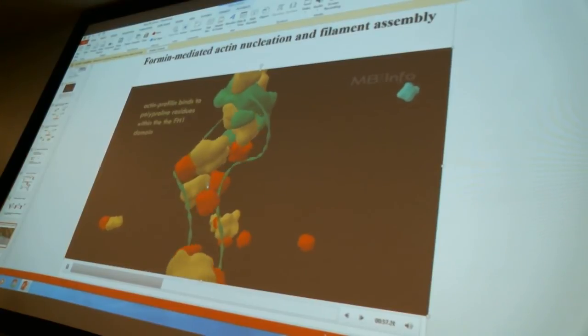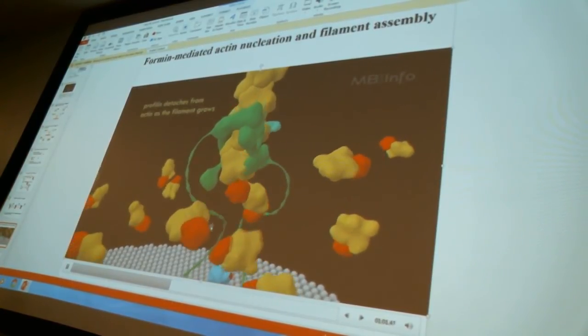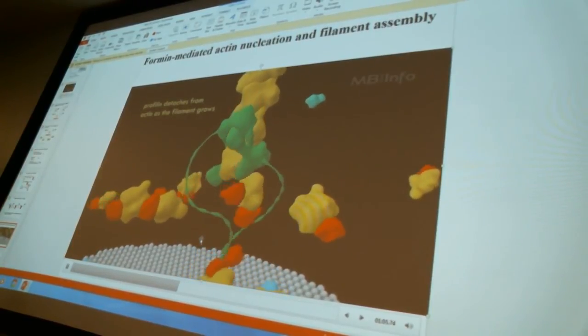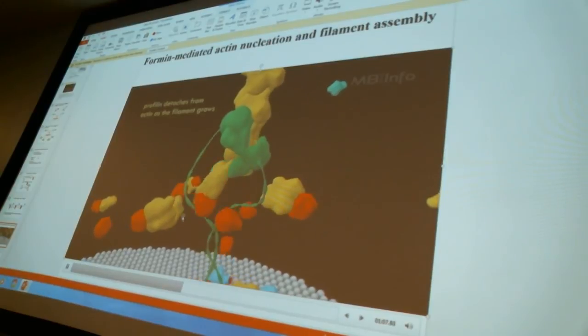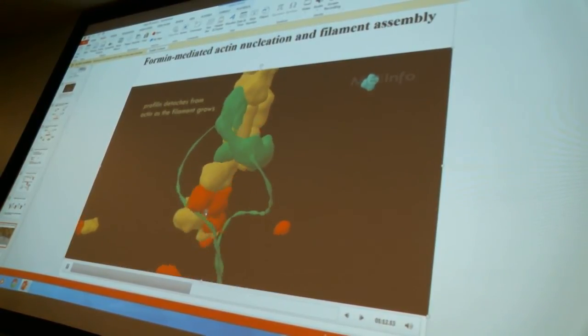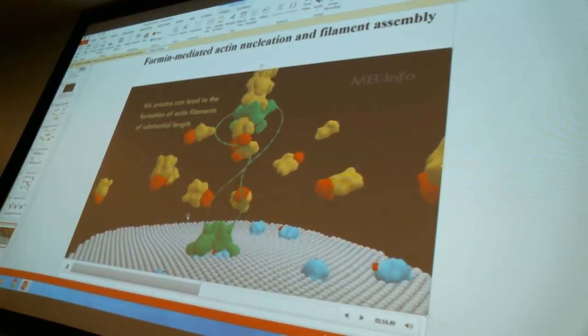And as you can see, once the actin is delivered, profilins are detached and leave. So again, it's a conformational change. Only profilins that are associated with the actins can interact with formins.